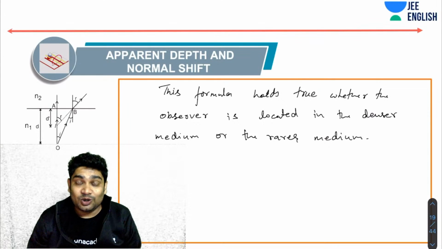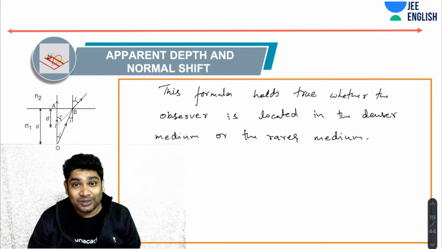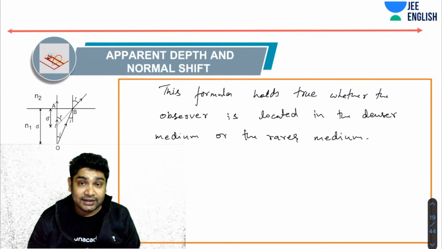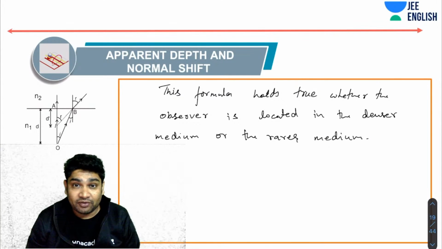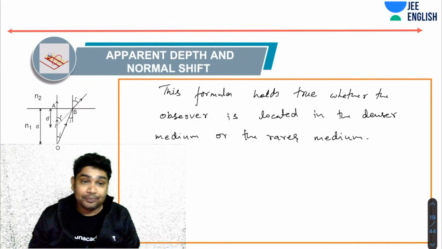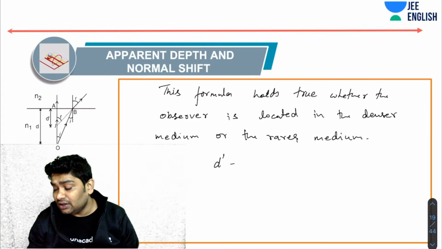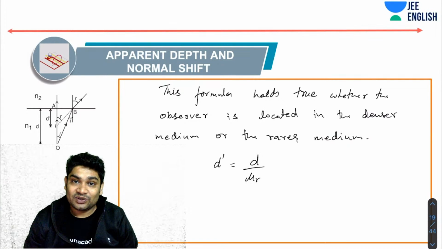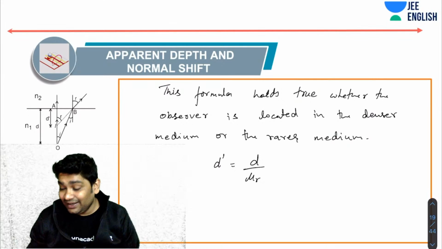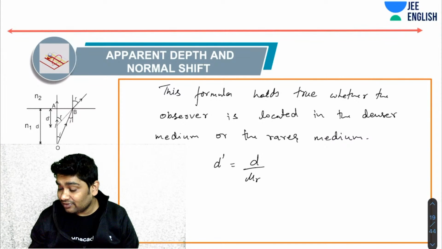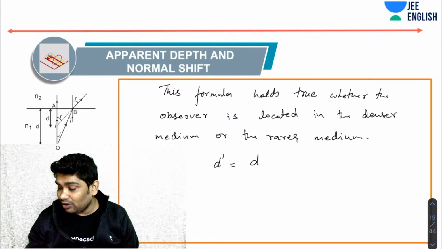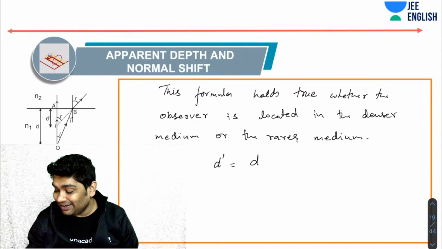So when you are looking from the rarer medium, then the objects appear shifted up. If you're looking from the denser medium, then they appear farther. And I can also say the apparent depth is d over mu relative, or d into mu relative, depending on which mu I'm talking about.